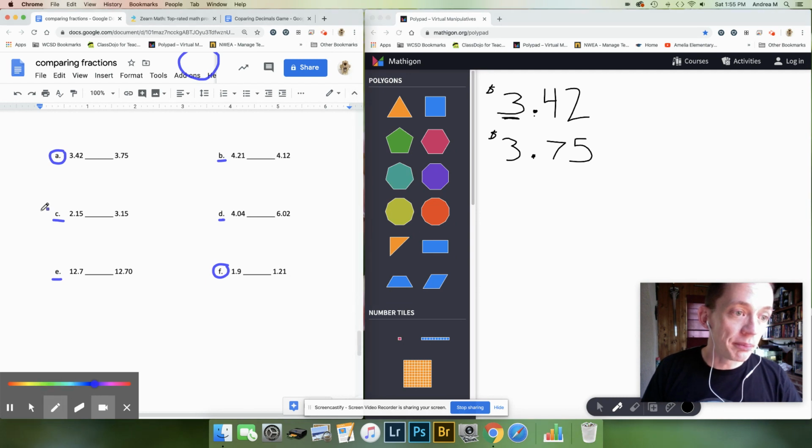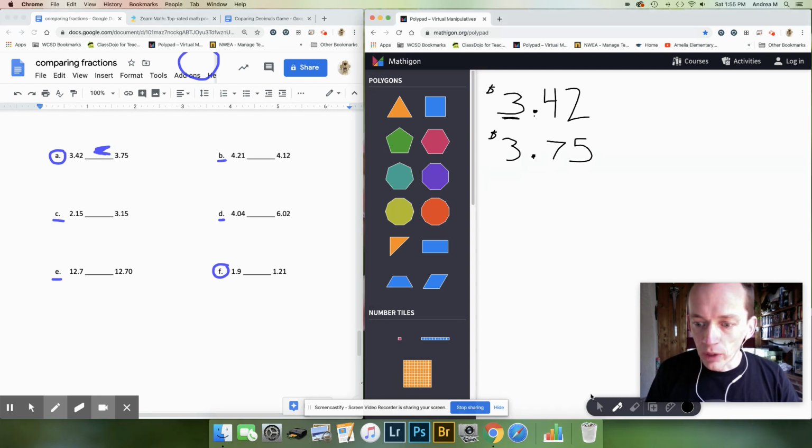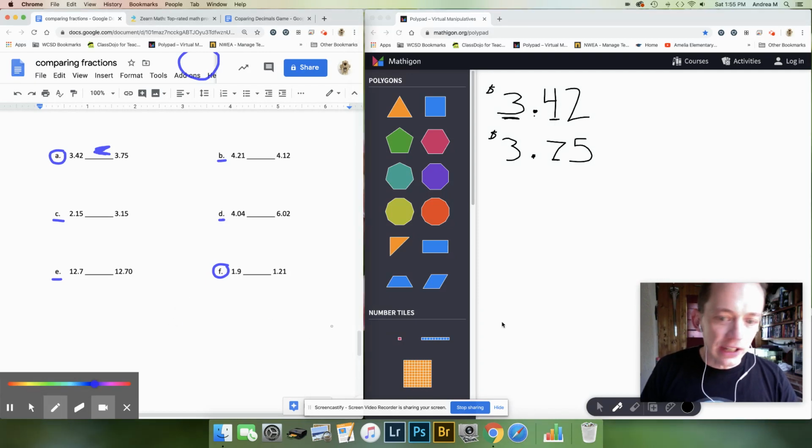So when we are comparing those two, we are going to say that $3.75 or 3 and 75 hundredths is larger than. Okay, why? Take a look at that right here. There are 7/10 versus 4/10. Okay, that's the difference.